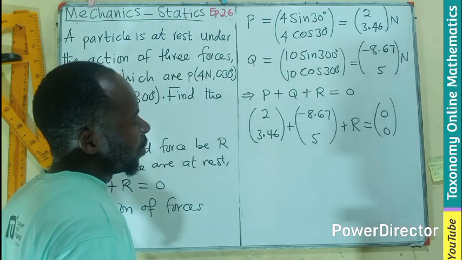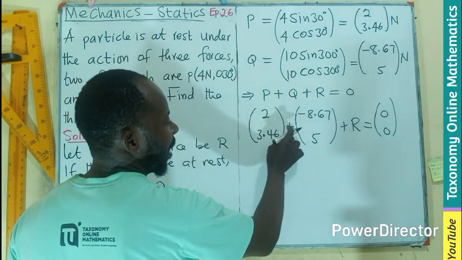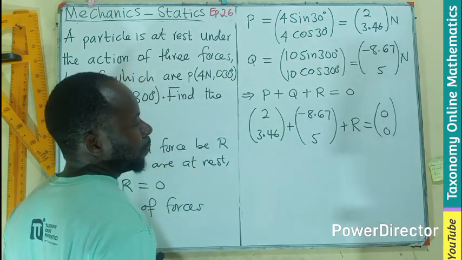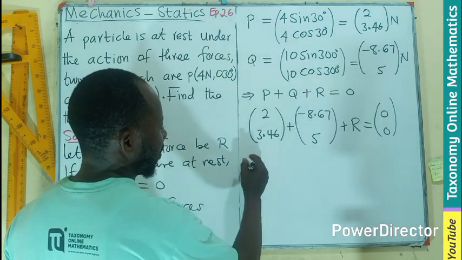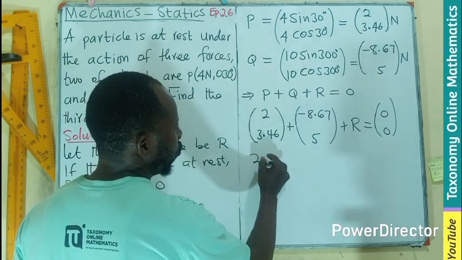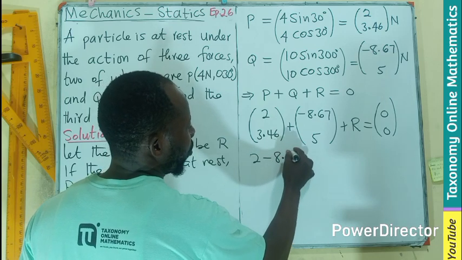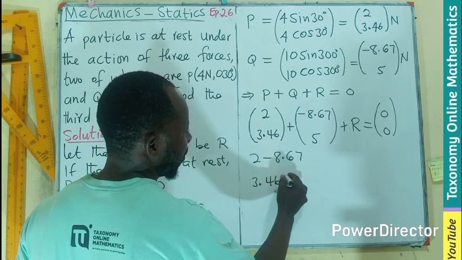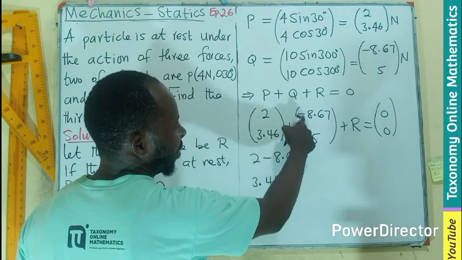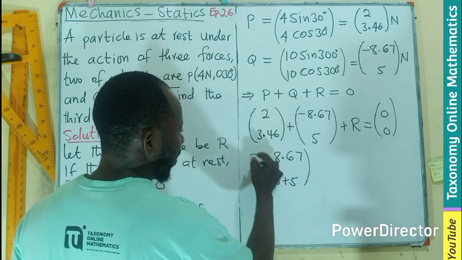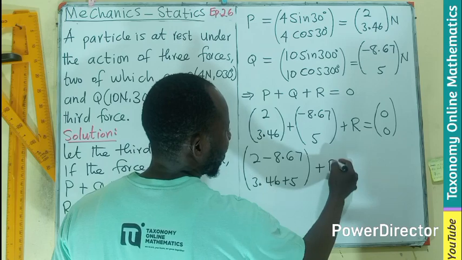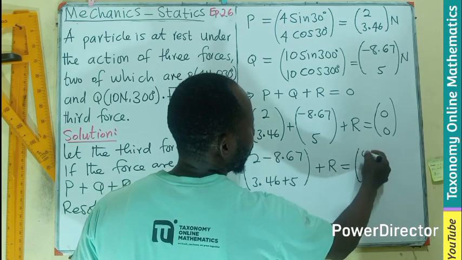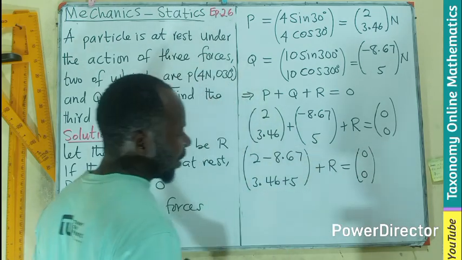If that is the case, we can add these and send them to the other side. So we have 2 minus 8.67, and 3.46 plus 5, plus R equals the zero vector.